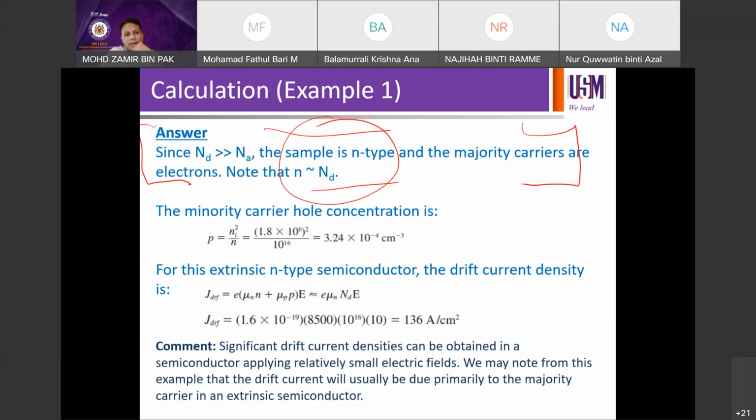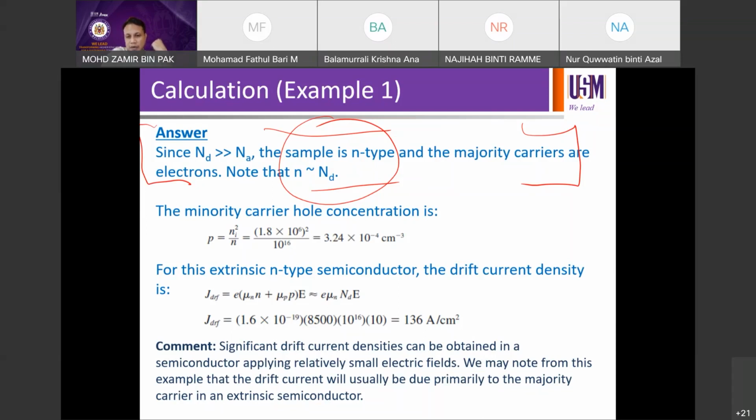So how to do next? The minority carrier concentration is given by P equals Ni squared over N, the law of mass action, exactly what we discussed. And Ni for gallium arsenide is given as 1.8 times 10 to the 6, squared, over your ND, because your ND is now N, assuming 100% ionization. If it's not 100%, then it's totally different.